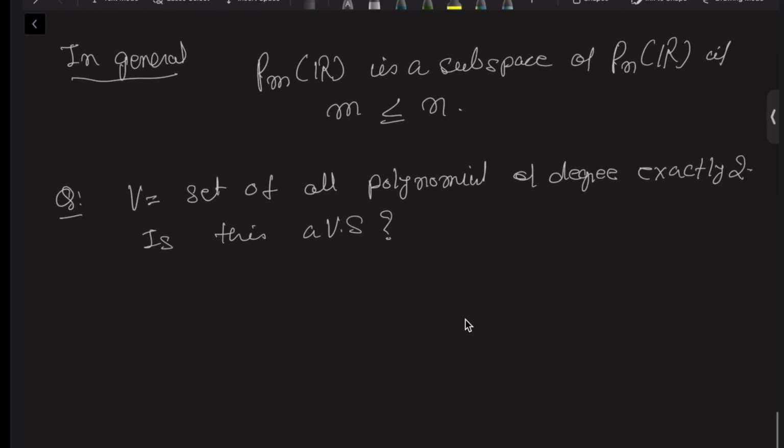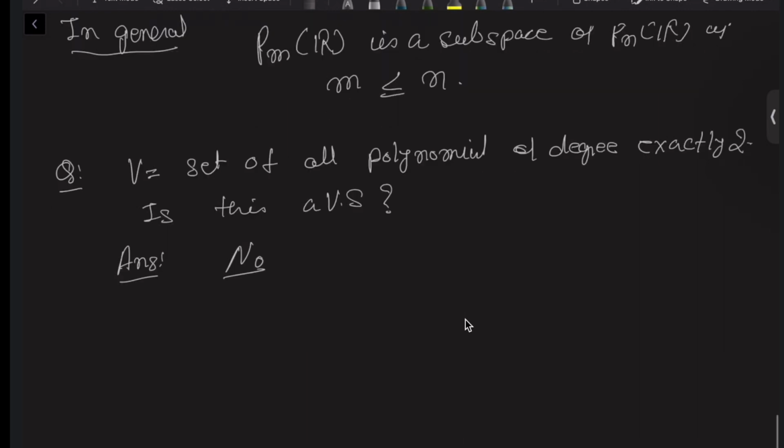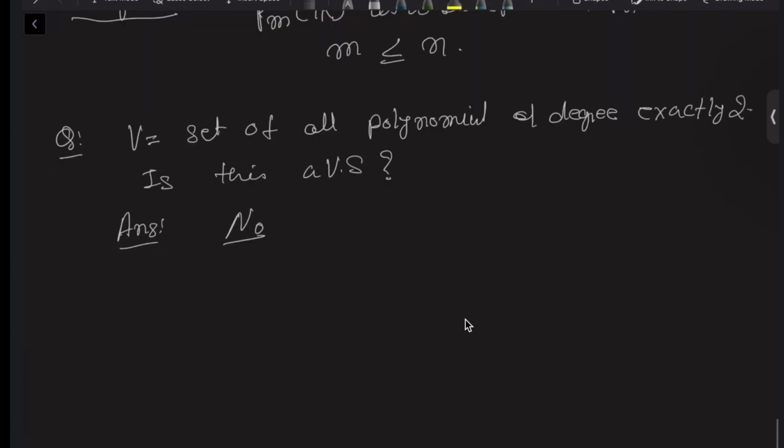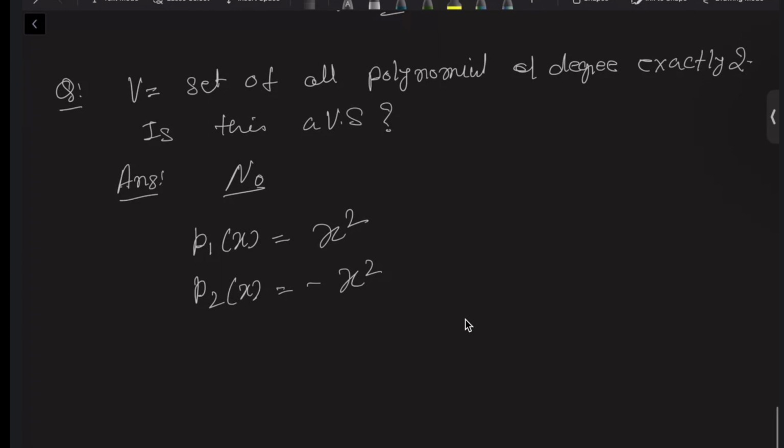Fine. So the answer would be actually no. The reason is that I'm taking one polynomial as x square. This is a 2-degree polynomial. I'm again taking a polynomial p2 of x as minus x square. This is again a 2-degree polynomial. But if I add this p1 and p2, what do I get? I get x square minus x square, that is 0, which is not a polynomial of degree 2, right?